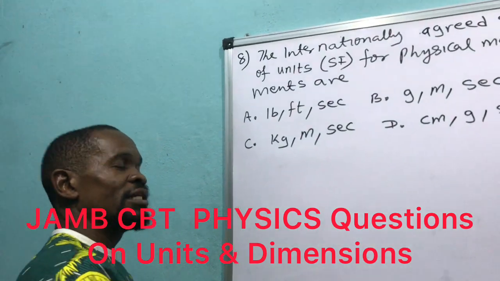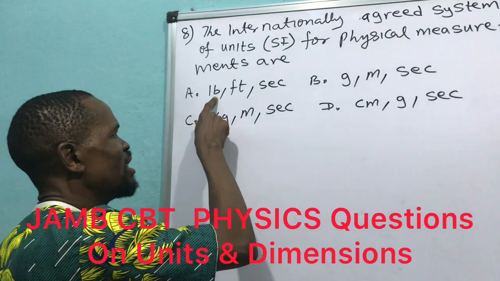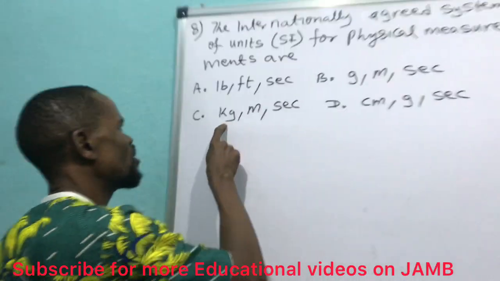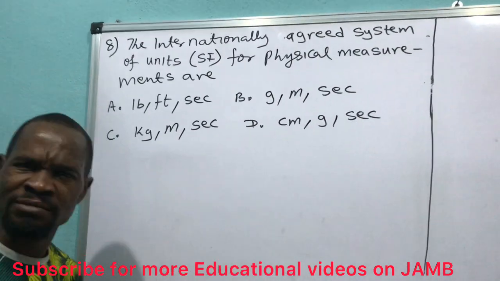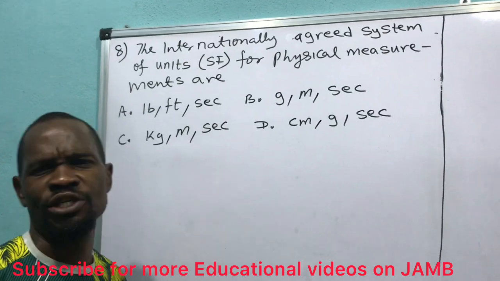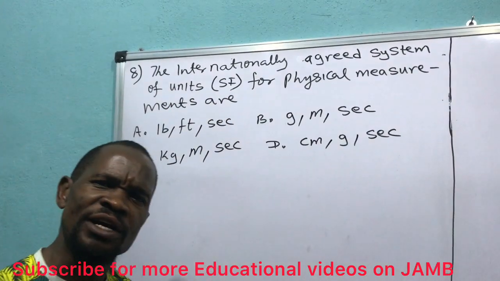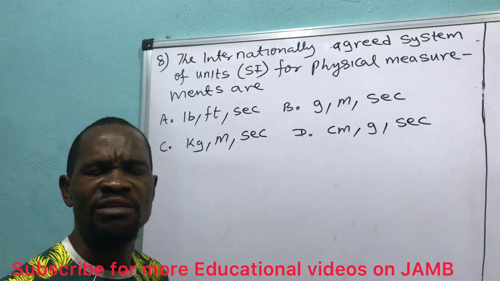Option A said pound, foot, seconds; gram, meter, seconds; kilogram, meter, seconds; cm, gram, seconds. Man, this is a simple question. What it means is they are asking us the fundamental units of physics.